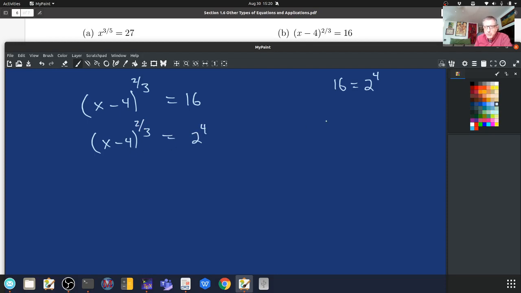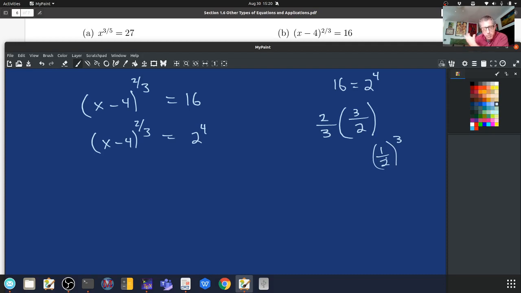But here we want to look at our power. I'm going to multiply by the reciprocal of 2/3, which is 3/2, which is the same as 1/2 to the 3rd power. So in essence, I'm taking a square root somewhere.